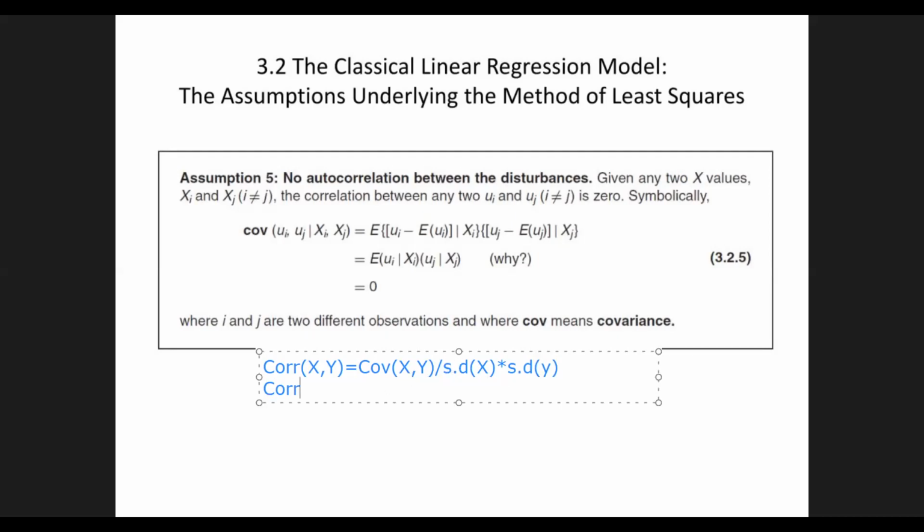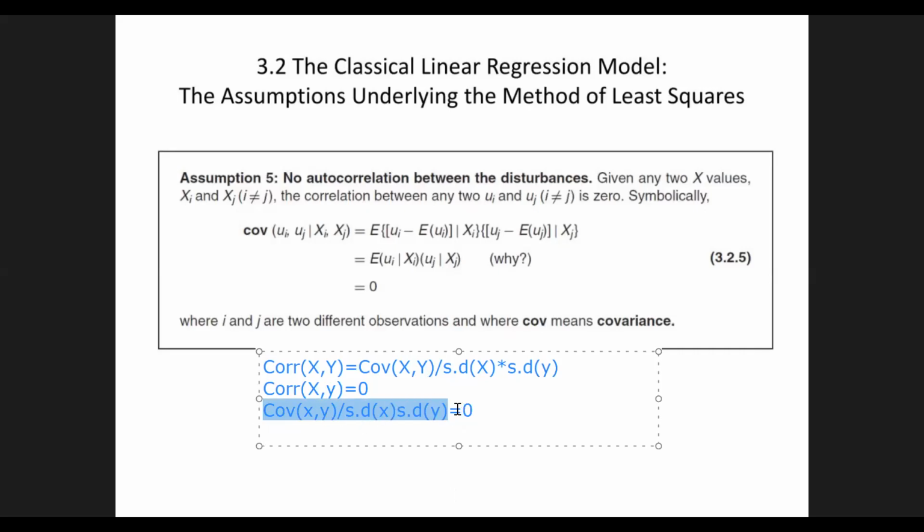Now you can see that if we are saying that there is no autocorrelation between two disturbance terms, it means that covariance of xy will be equal to 0. So covariance of xy divided by standard deviation of x and standard deviation of y will be equal to 0. Now look at this term.